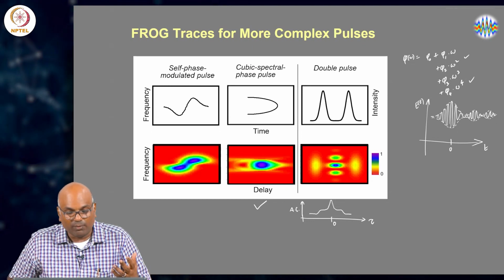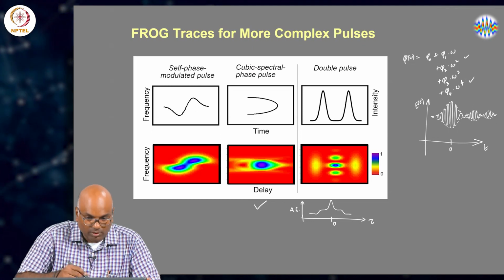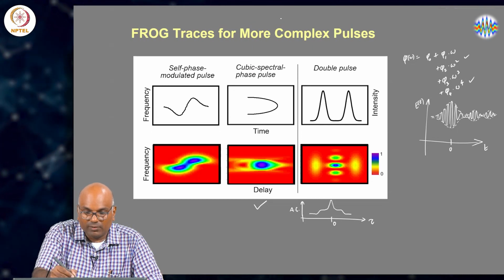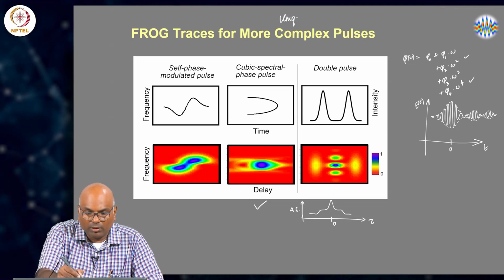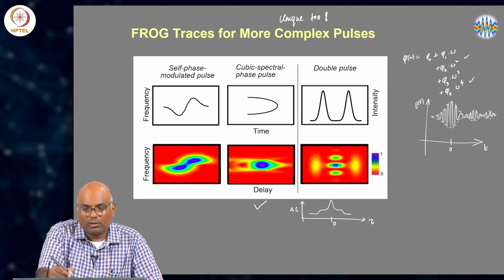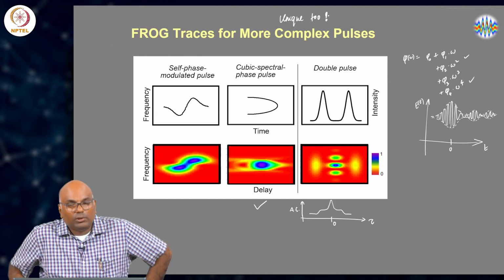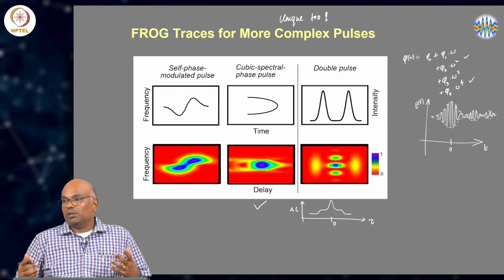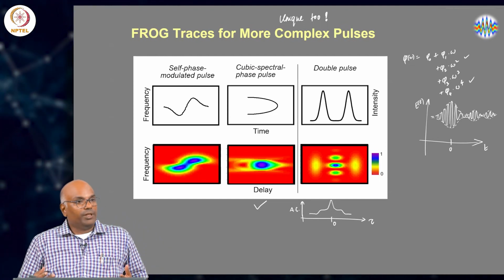But frog traces are more complex, and hence more unique too. That is exactly what we want. We want a unique fingerprint of each of these pulses.